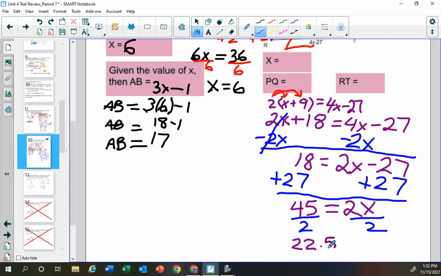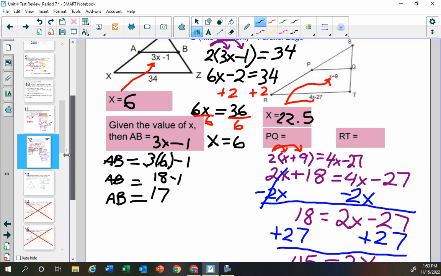22.5. And then here's how you're going to check. PQ, remember, you got to add 22.5 to the 9. So what do we get for PQ? Add. Well, here, you don't have to multiply anything.